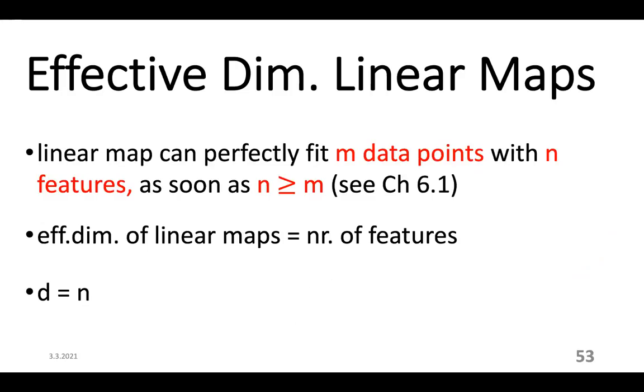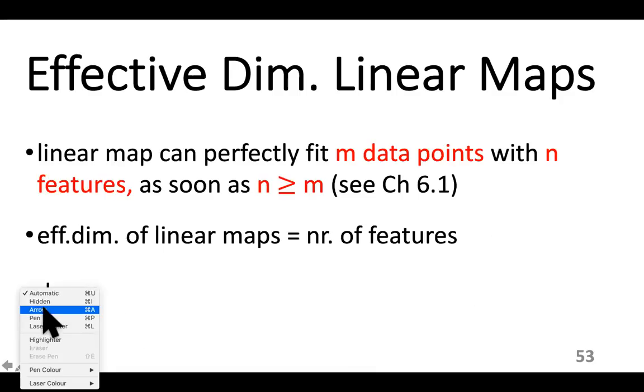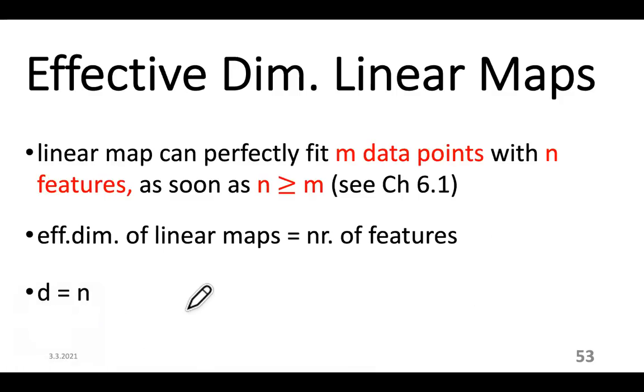Let's look at the effective dimension of linear maps. Let's say we look at the model given by all linear maps that use n features. Such a linear model uses functions of the form h(x) equals w1 times the first feature plus w2 times the second feature, and so on and so forth.